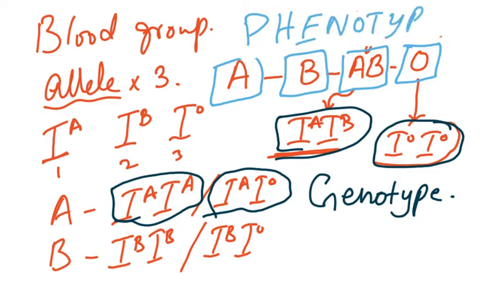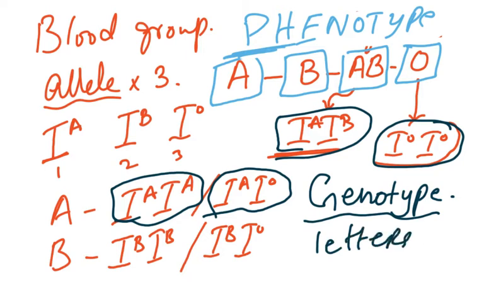I tell you to remember it by saying pH, phenotype, pH for physical features, like a person has brown eyes, or black hair or blonde hair, or the person is blood group A. So phenotype is physical features. Genotype is always expressed by letters, and either we use two letters or one letter. We're going to discuss that.